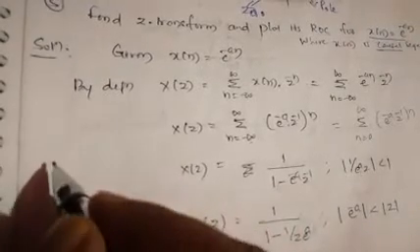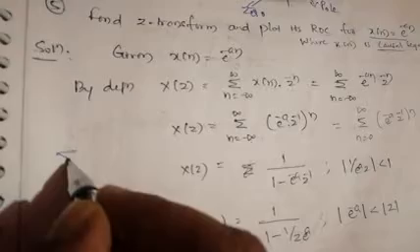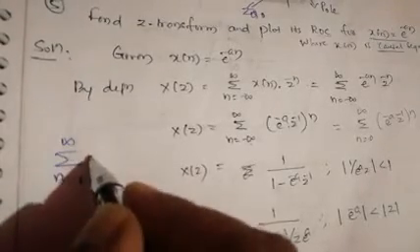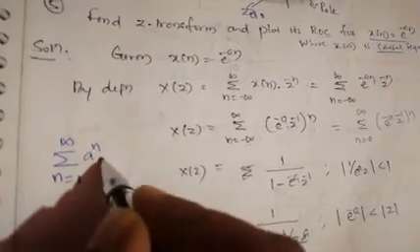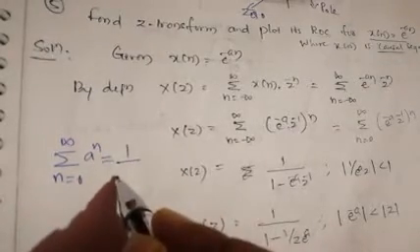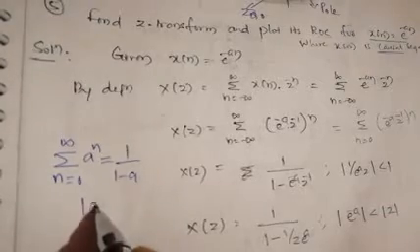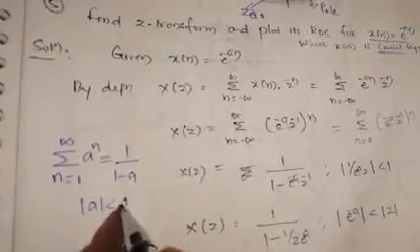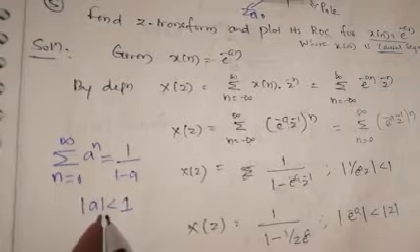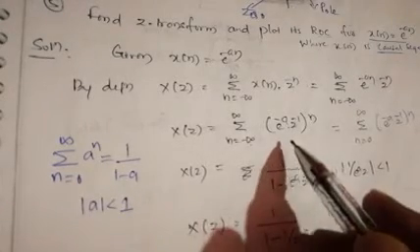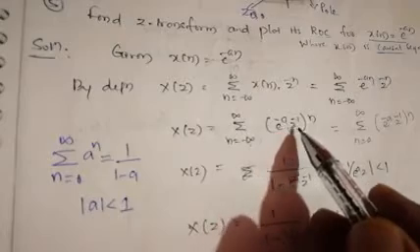As we discussed in the last video, summation n equal to 0 to infinity a to the power n is 1 divided by 1 minus a, if and only if mod of a is less than 1. So make use of this formula. Hence in this case a equal to e to the power minus a z raised to minus 1.